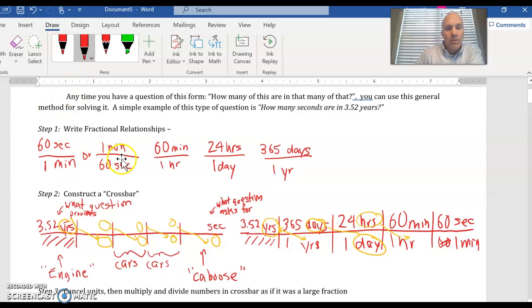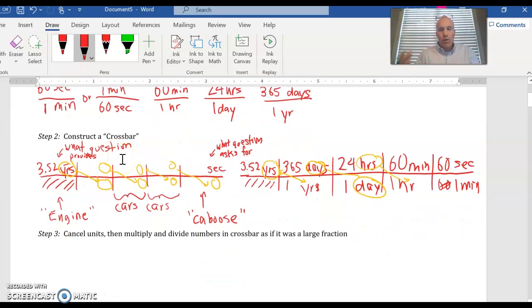So what's the whole point of putting this together? It tells us what things we need to multiply and what things we need to divide.